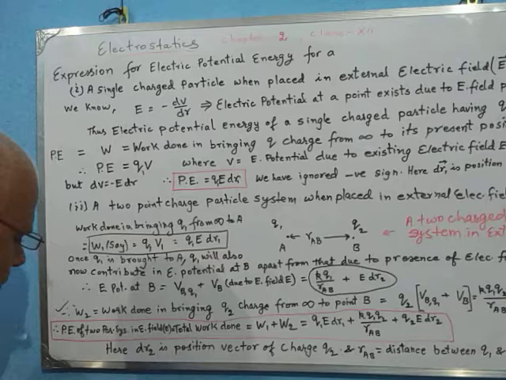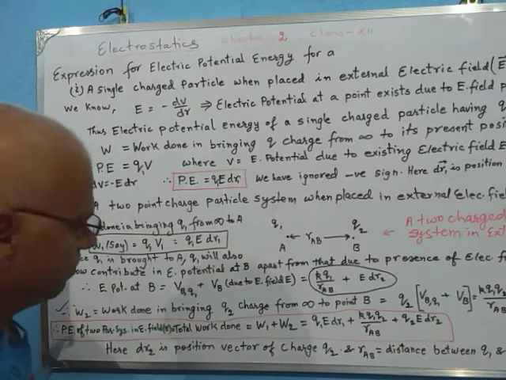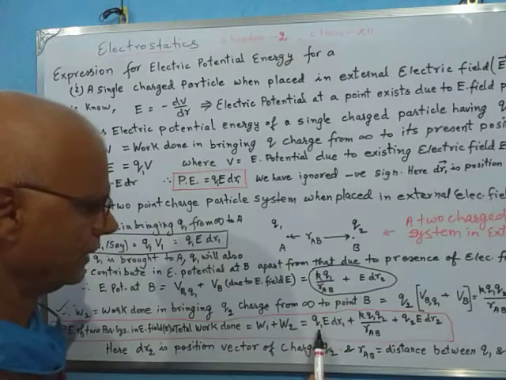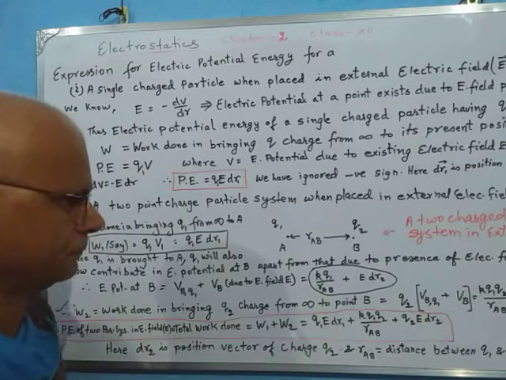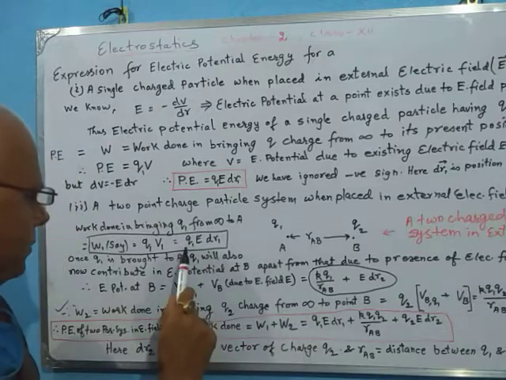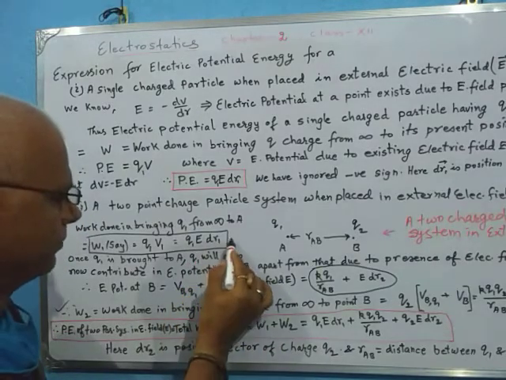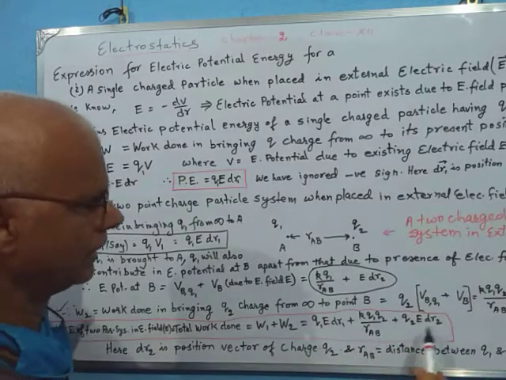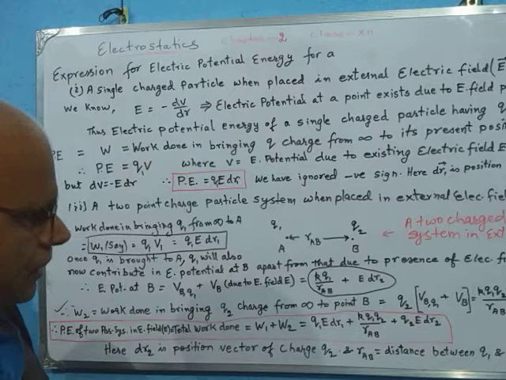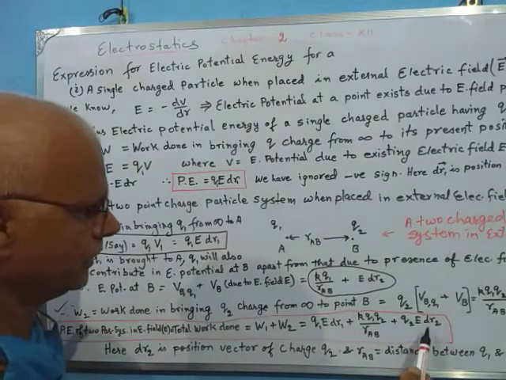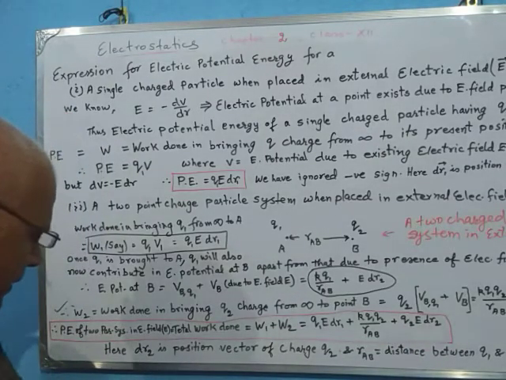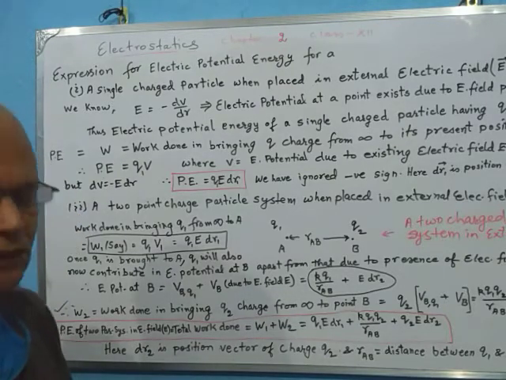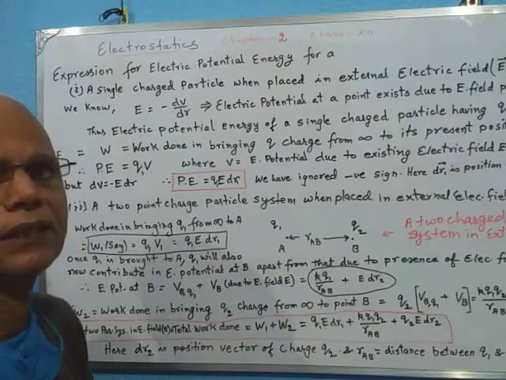So the total amount of work done will be the potential energy stored in the system, that is W1 plus W2, and that becomes Q1 E dr1 for W1, and then for W2 we have K Q1 Q2 by RAB plus Q2 E dr2. So this is the potential energy of the two charge particle system when it is placed in external electric field E.